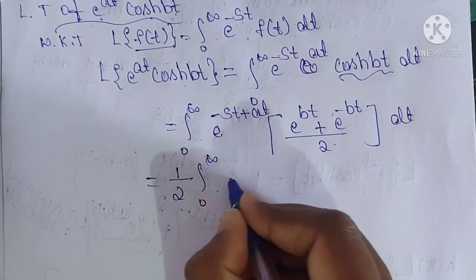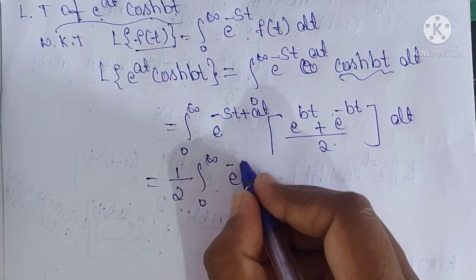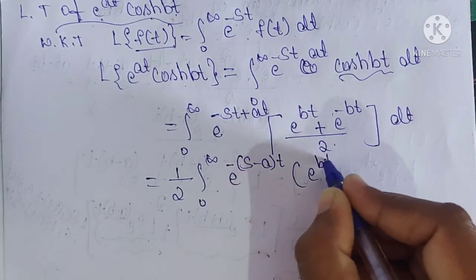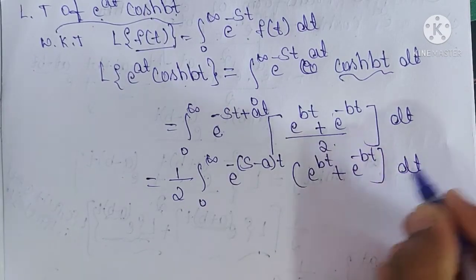Take -t as a common factor, remaining (s - a)t, into e^(bt) + e^(-bt) dt.